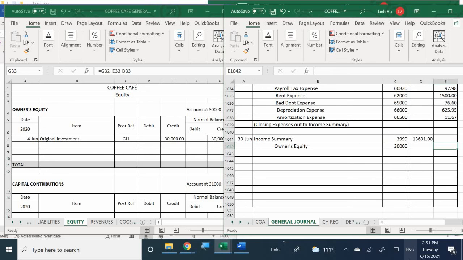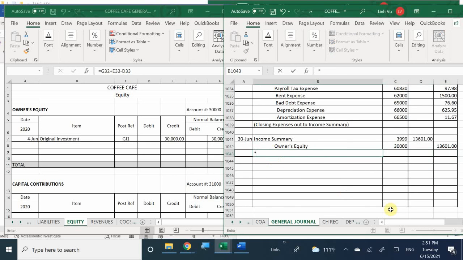It's a gain, an increase. Yes, we increase our owner's equity because we have a profit. So we're going to credit our owner's equity for 13,601.